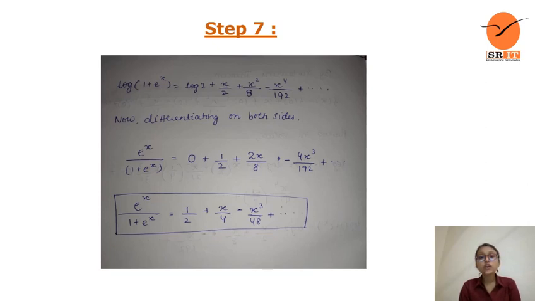Differentiation of x square upon 8 is 2x upon 8. Differentiation of x raised to the power 4 upon 192 is 4x cubed upon 192 and so on. Finally, we deduce that e raised to the power x upon 1 plus e raised to the power x is equal to 1 by 2 plus x by 4 minus x cubed by 48 and so on.